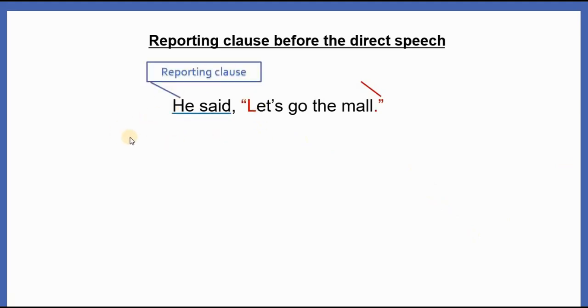First of all, reporting clause before the direct speech. He said, "Let's go to the mall." So here, "he said," in blue, is the reporting clause. This is the verb where we are reporting the direct speech.